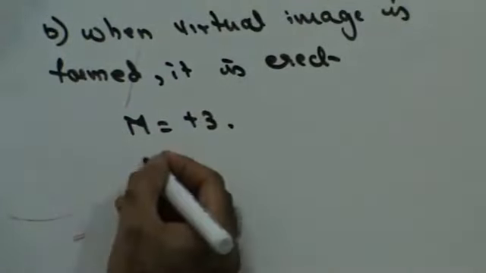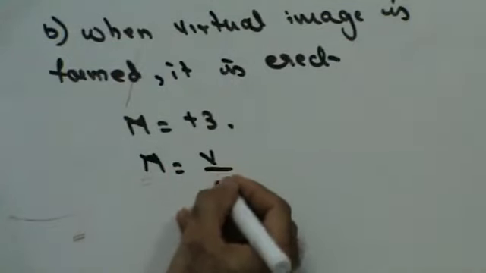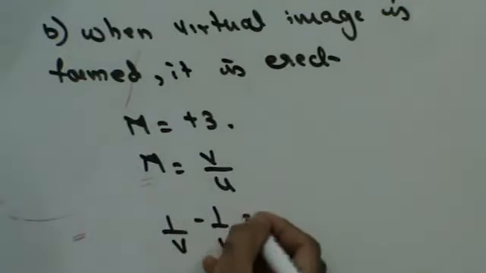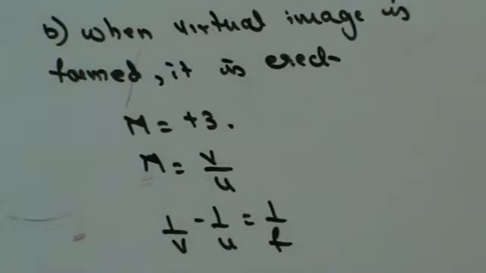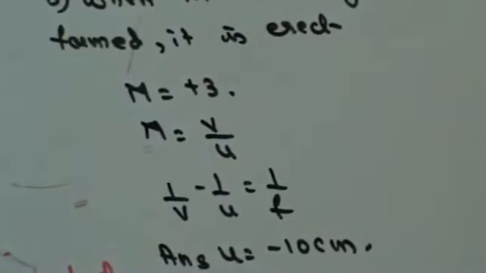Then exactly the same method that we did in the previous case: m is equal to v upon u, then use the formula 1 upon v minus 1 upon u is 1 upon f. Exactly the same way as you solved case 1, and you should get the answer as, I'm not solving this, I want you to solve this on your own. Answer should be 10 centimeters, right?